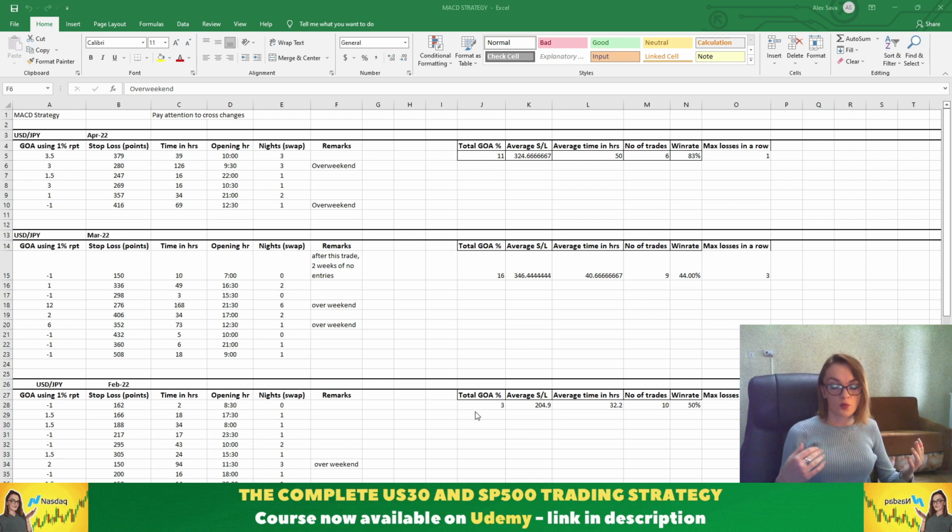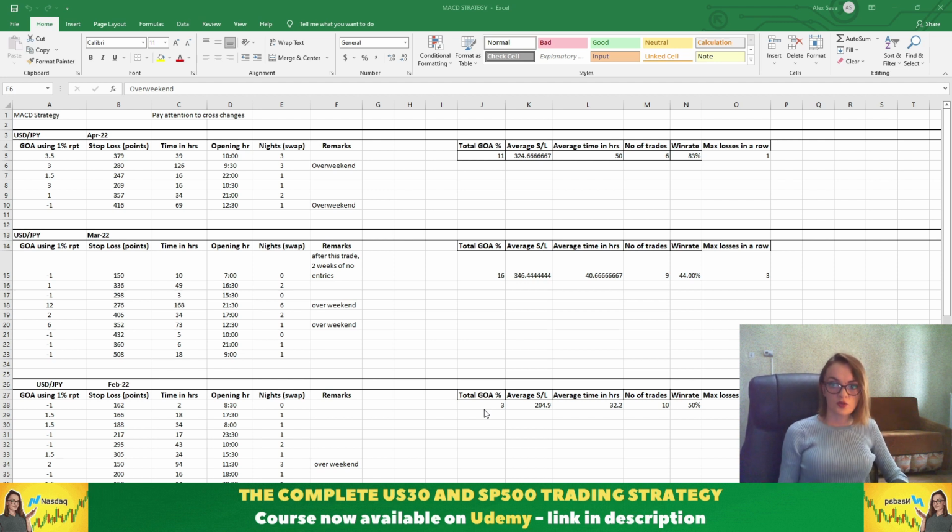But this is why I decided to actually trade 4 pairs, because they balance each other, and when it's a month with a break-even or only 2% gain on account with one pair, you may have pretty great results on another pair. This is why I strongly recommend you to trade at least 2 or 3 pairs when trading this strategy.